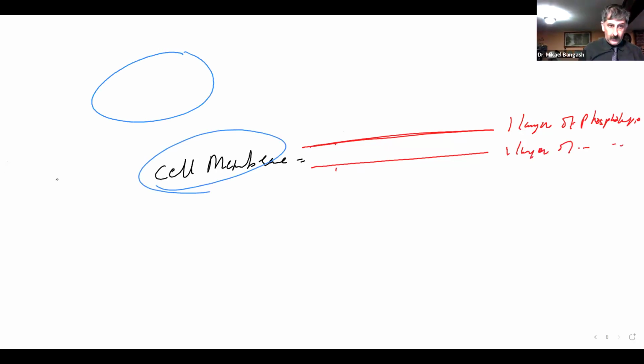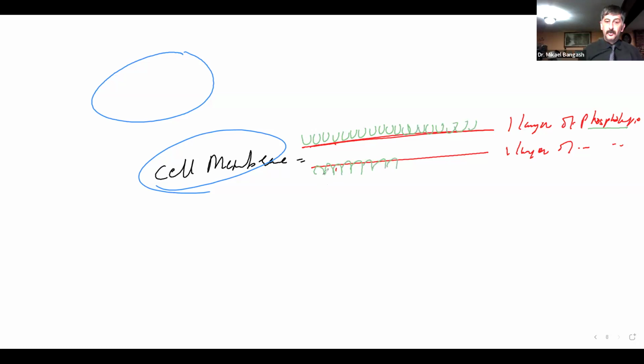So if you look at this, it's made up of phospholipid molecules, and so is this layer here. Did that make sense?